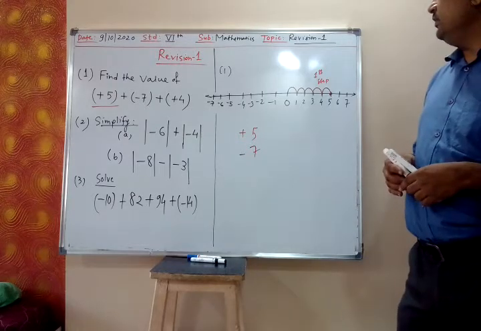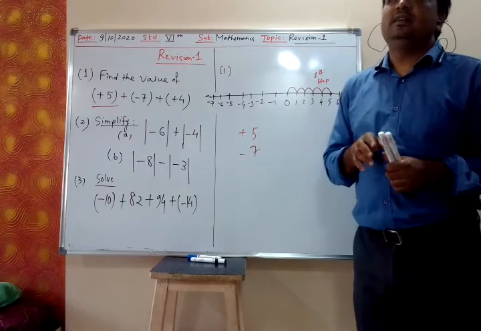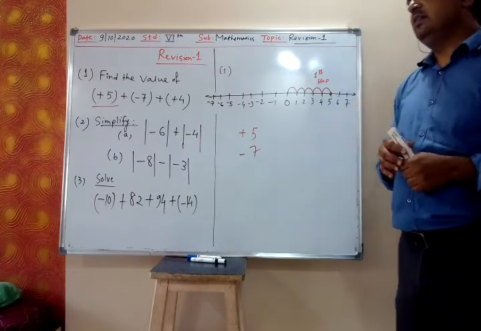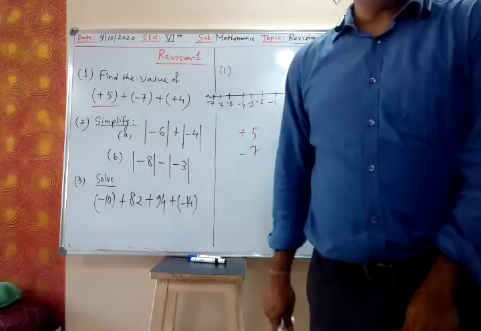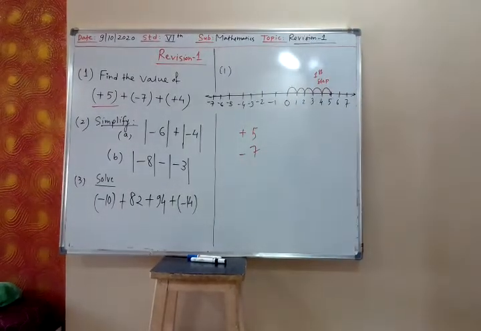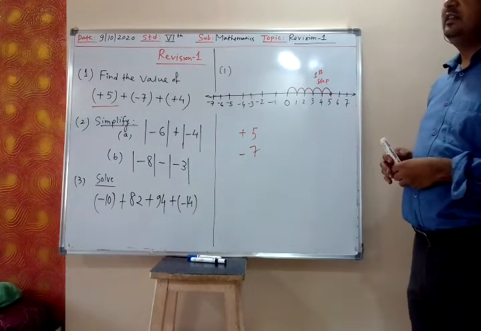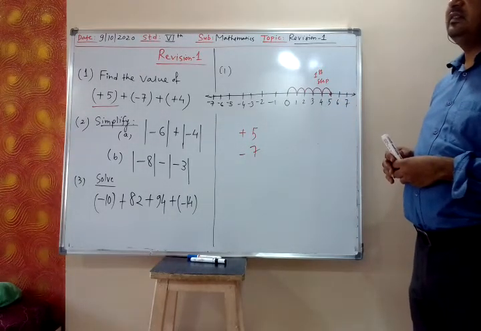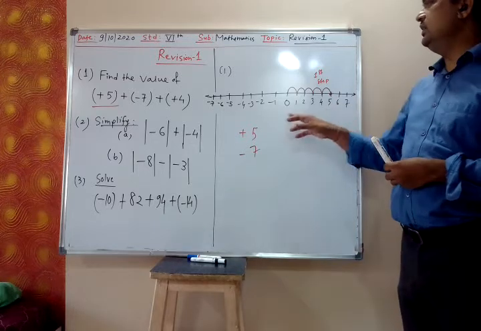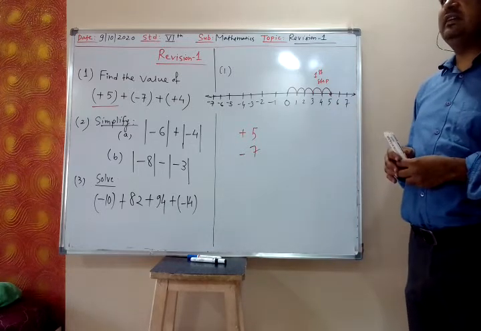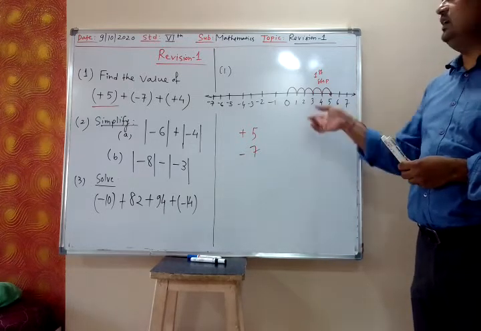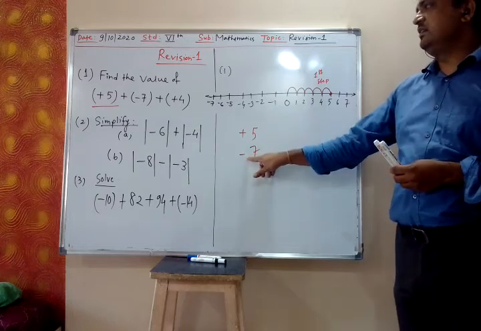Now for minus 7, what will you do? For minus 7, I will make 7 jumps to the left because it is minus 7.